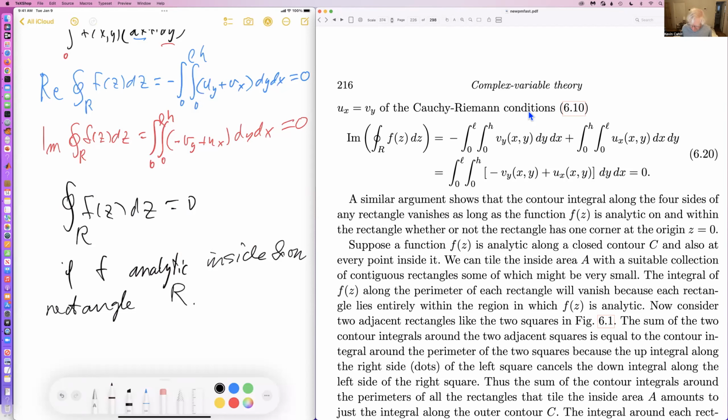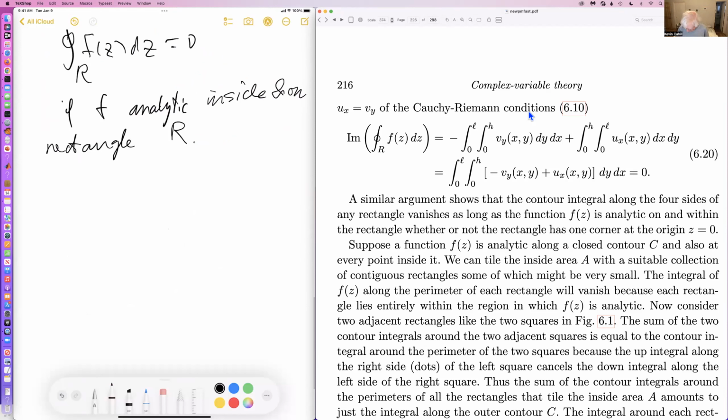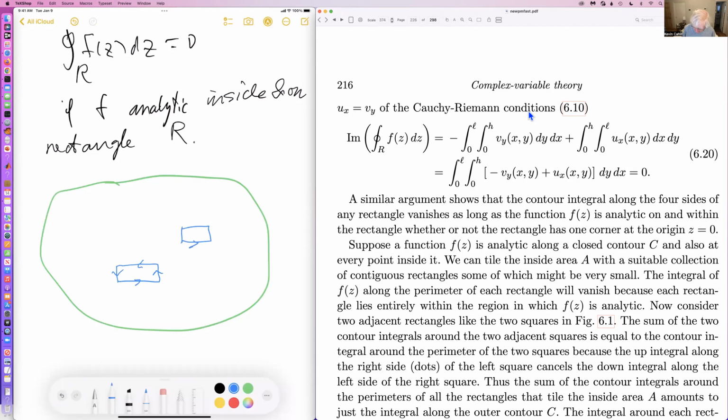And of course, normally what we can say is that we simply have a region of analyticity, and we're doing a closed integral around a rectangle. It's automatically zero, and that's true no matter where the rectangle is or how big it is, as long as it's within a region of analyticity.